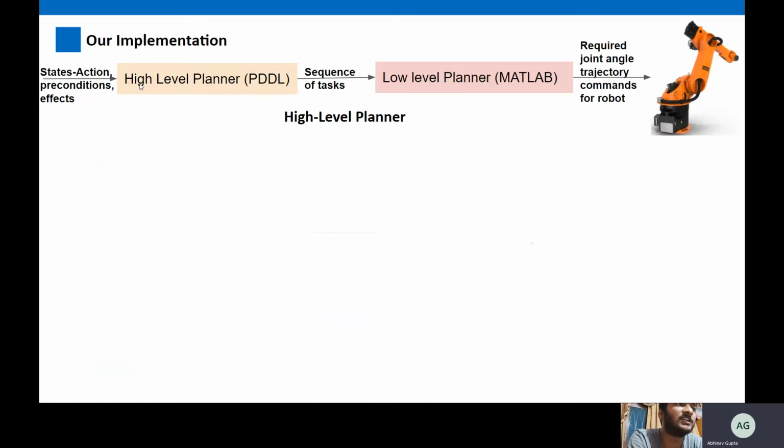And we give this information to a high-level planner, and we use PDDL language for this purpose. The output of this high-level planner is a certain sequence of tasks, which we further feed to a low-level planner, which we have built in MATLAB. What this low-level planner does is give us the required joint angle trajectory commands for our robot.